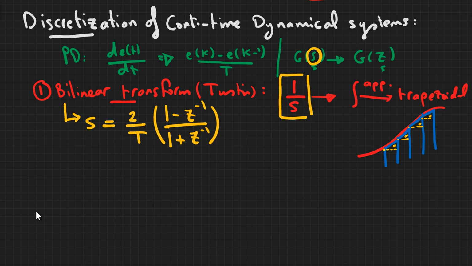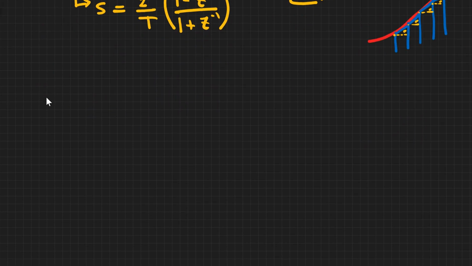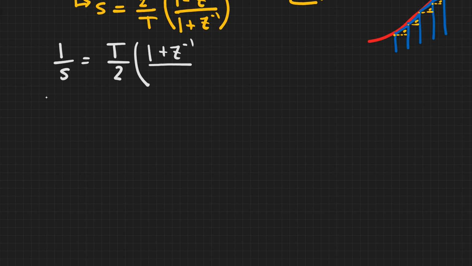Since we are looking at 1 over s, let's see how 1 over s looks. That means that 1 over s will be T over 2 times 1 plus Z inverse divided by 1 minus Z inverse. So this is how the bilinear transformation is done.